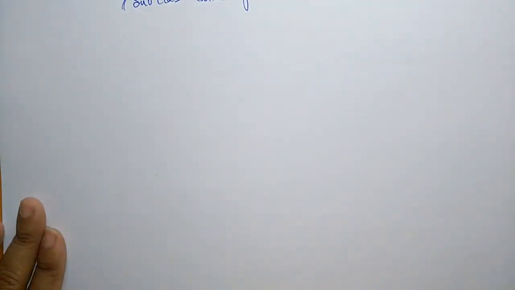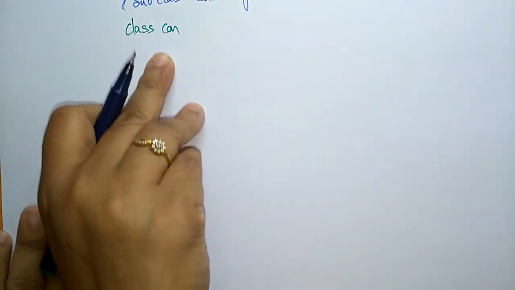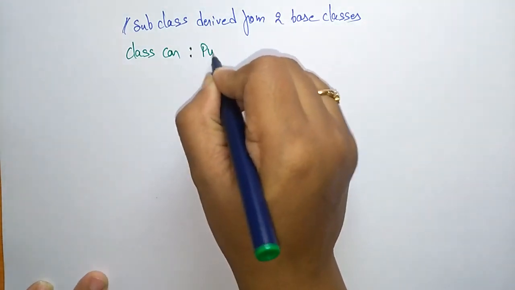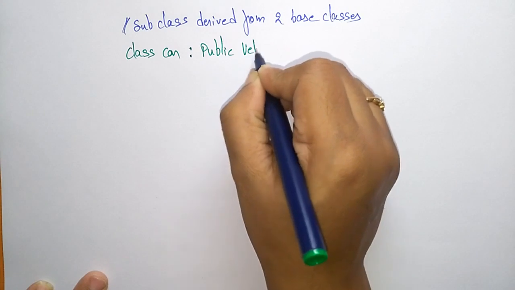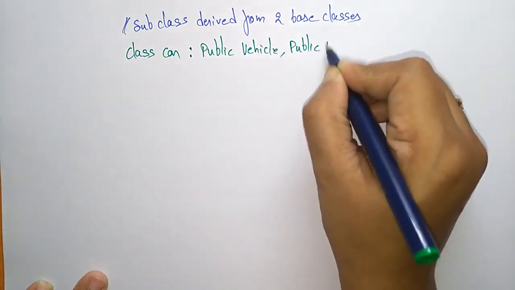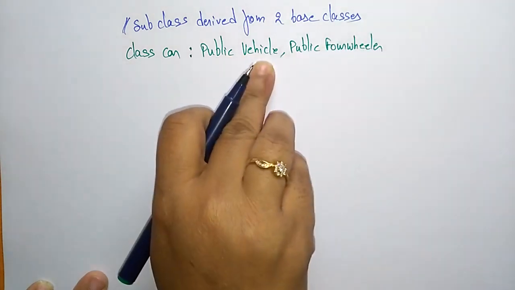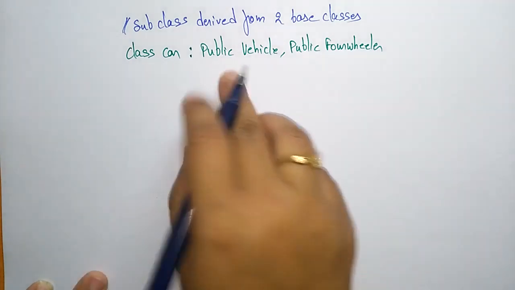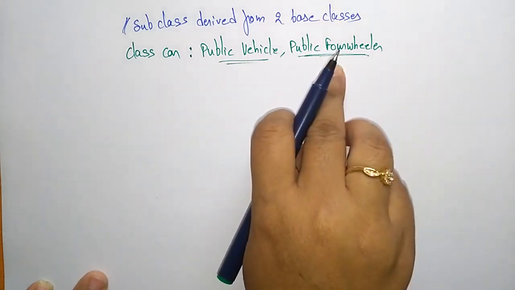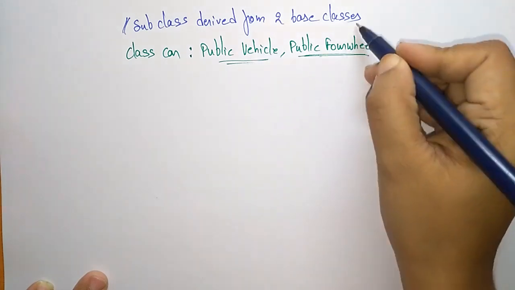So what is the code for this? Here the class car is the subclass name. Class car inherits the properties of public vehicle, comma, public four-wheeler. Up to now I had written only one base class, but this is multiple inheritance, so I have to write two base classes, public vehicle, public four-wheeler. So this car is inheriting the properties of the vehicle as well as the four-wheeler.